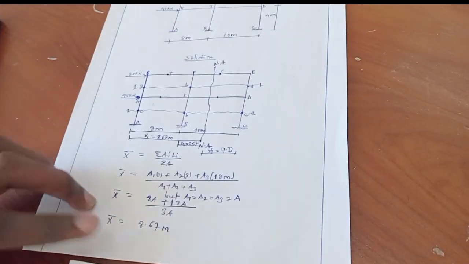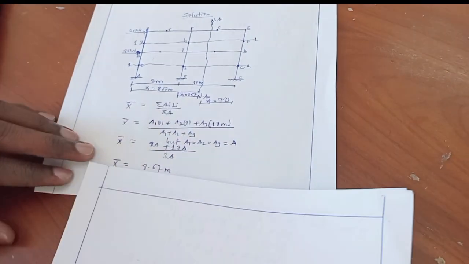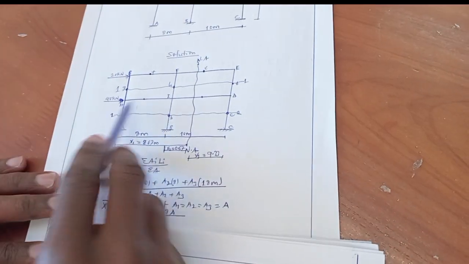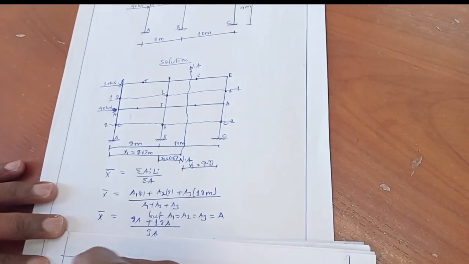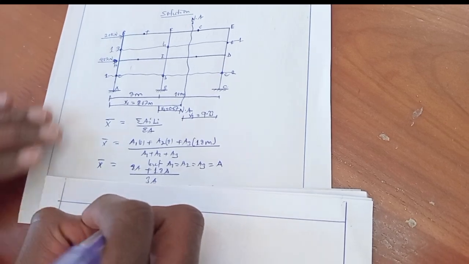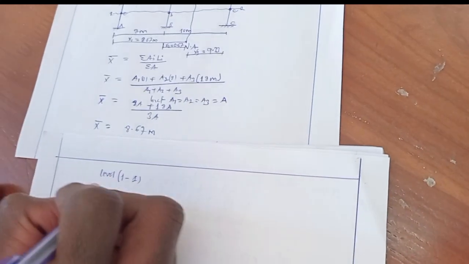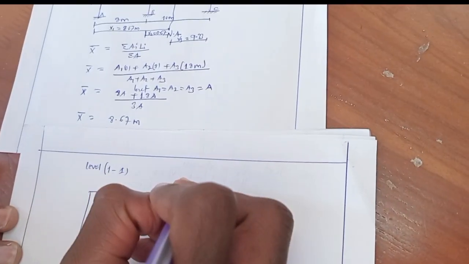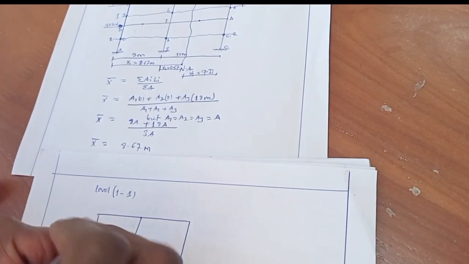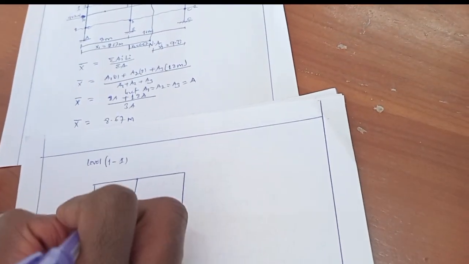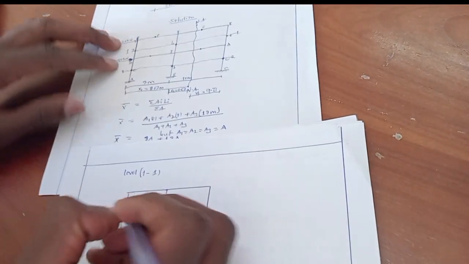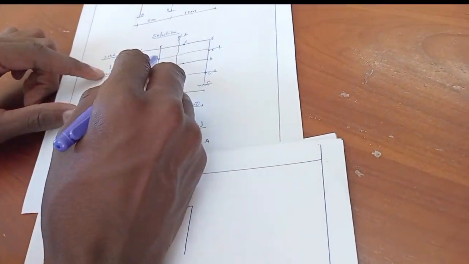After that, the next step is to cut the section by considering levels. So by considering level 1, it will be in this way. This is VG for level 1 at this point.